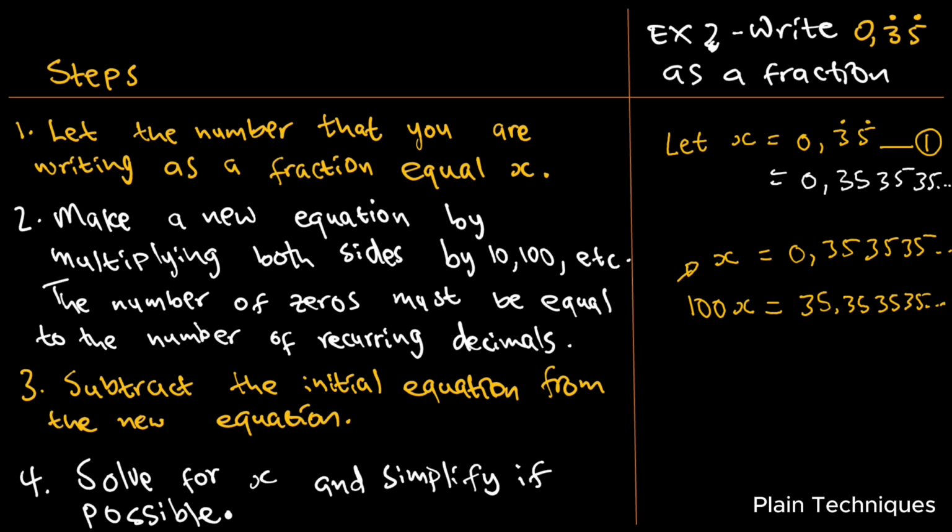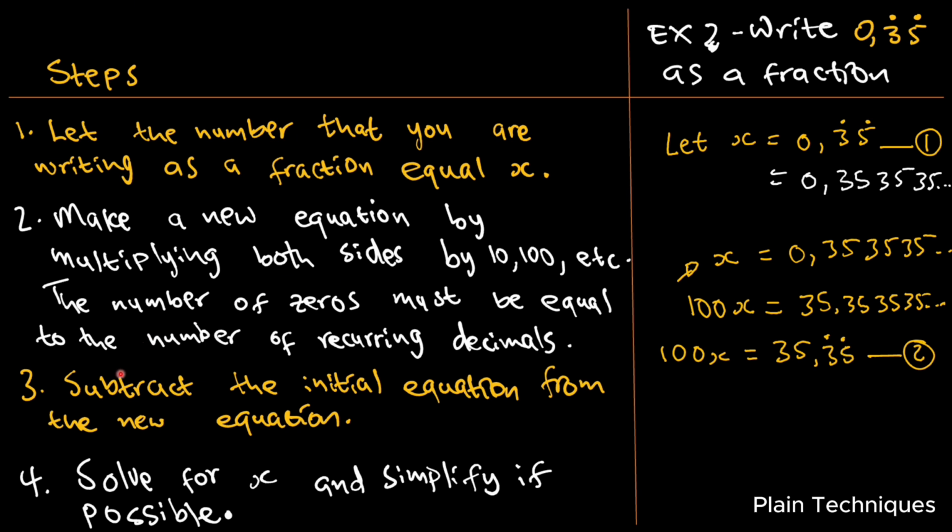So it's 100x equals 35.35 and I can put the recurring sign there. That recurring is the same as 35.353535, etc. I just simplify it like that. Now I can call this my equation number 2.